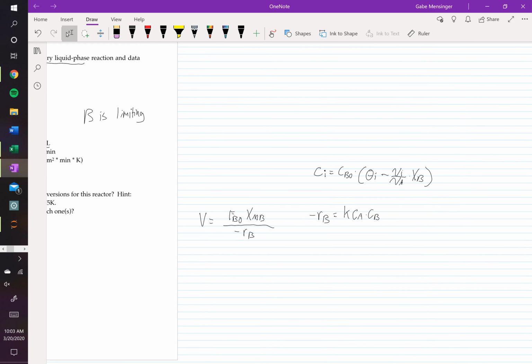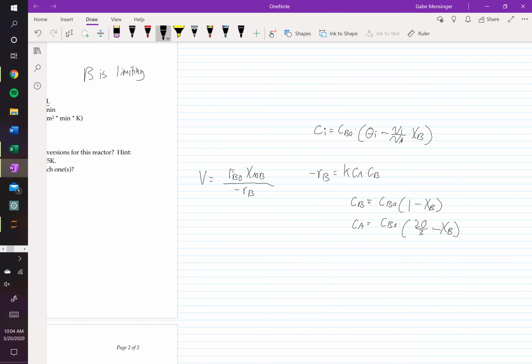So for Cb, this is going to be equal to Cb naught, and theta B, since B is the limiting reactant, is just 1 minus xb. For Ca, it's going to be equal to Cb naught times 20 over 3 minus xb.